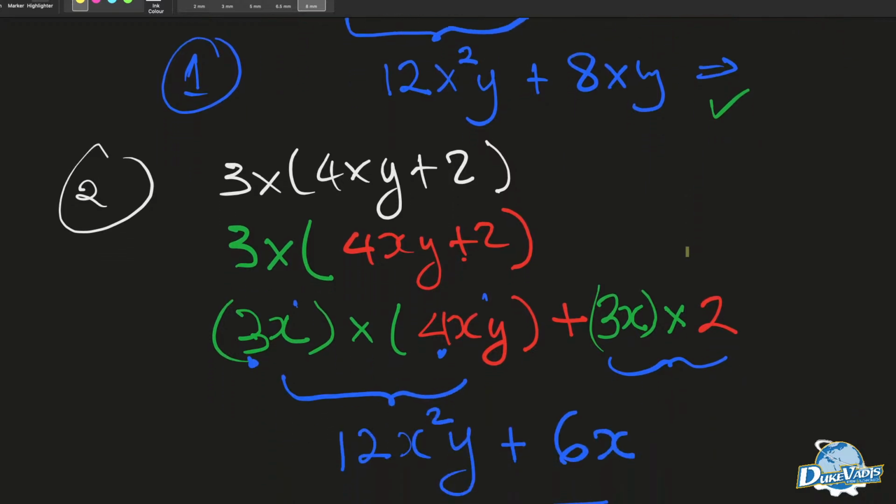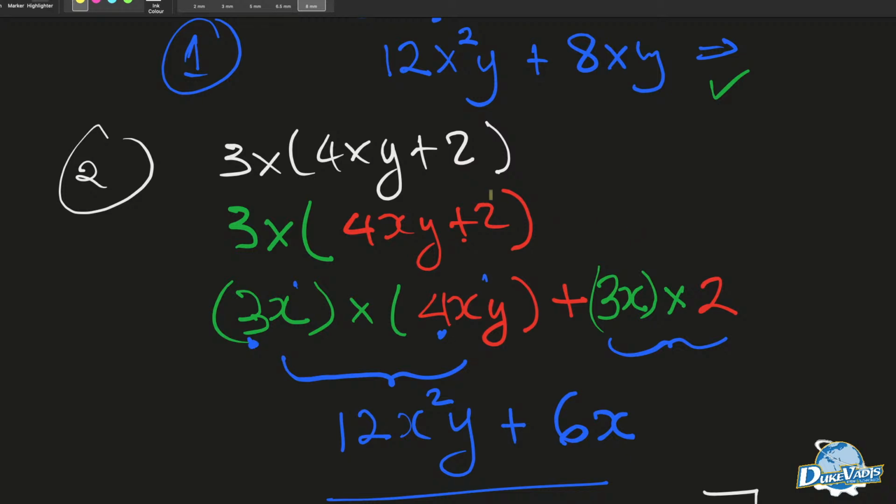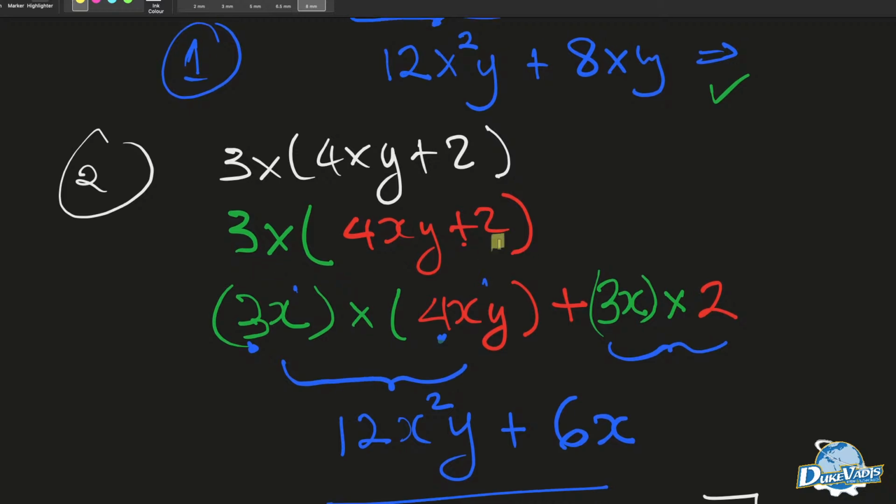Now the second solution, we have 3x out, 4xy plus 2. When we did it, you see, we also multiply this 3x by 4xy, and our plus sign is here. So this 3x again, once again, multiplied 2.